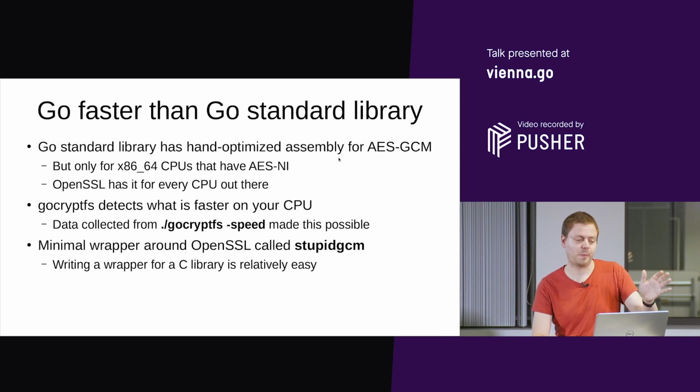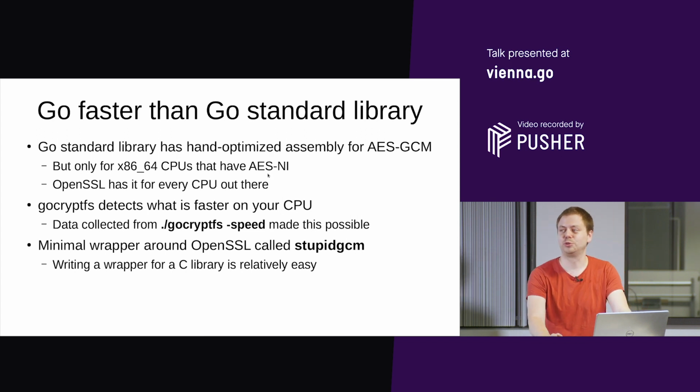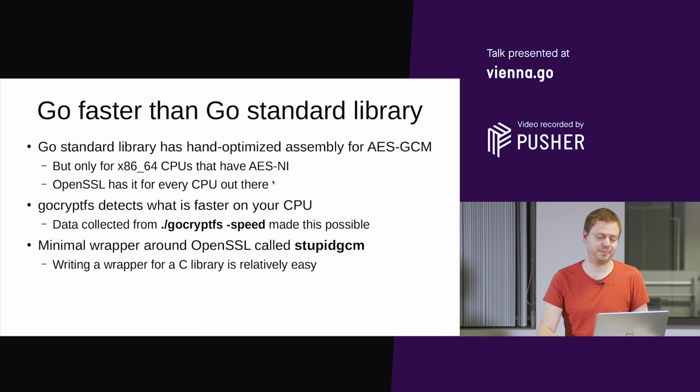It's super fast, but it only exists for 64-bit PC CPUs that have crypto acceleration. The PC I was developing gocryptfs on did not have this crypto acceleration, which was a pretty big motivation to try to get it to run faster.